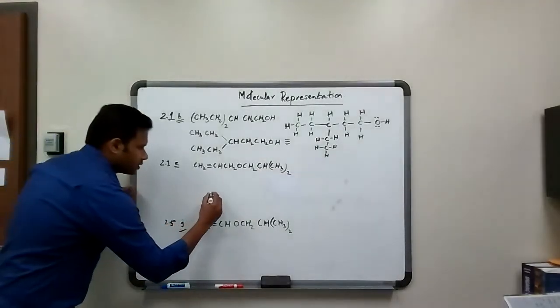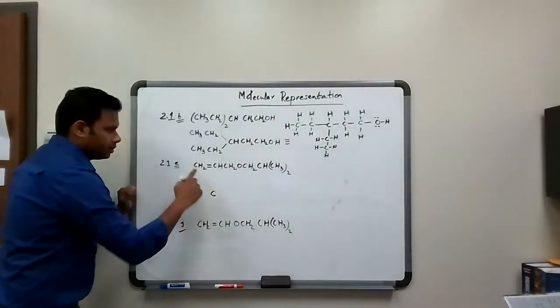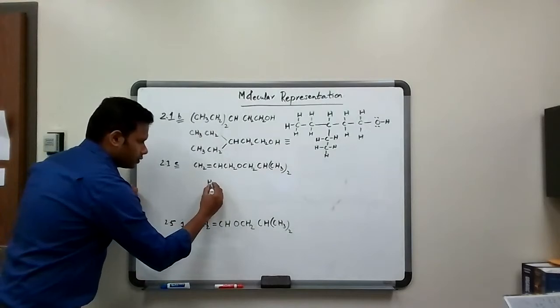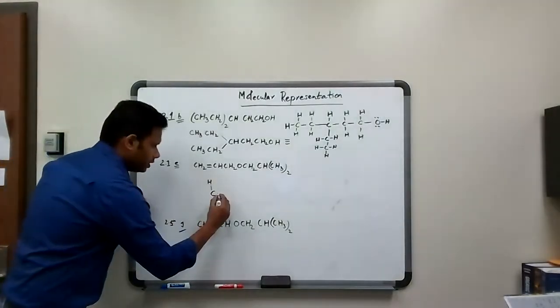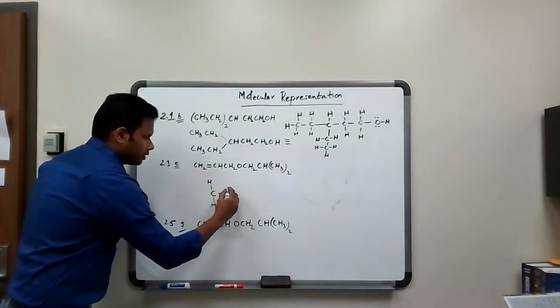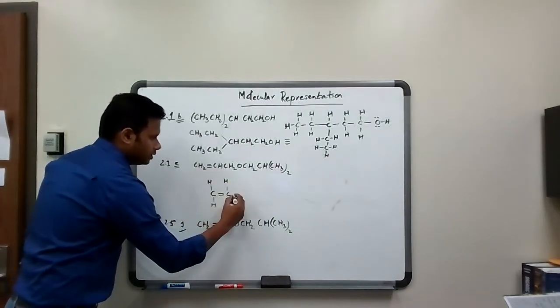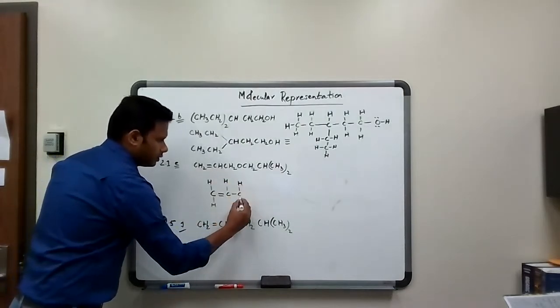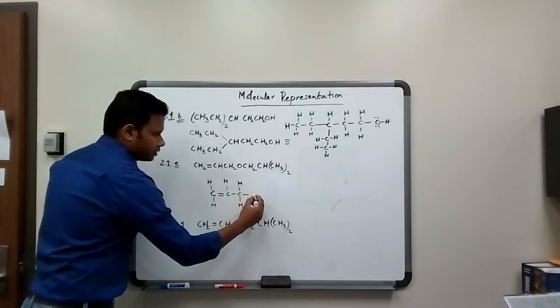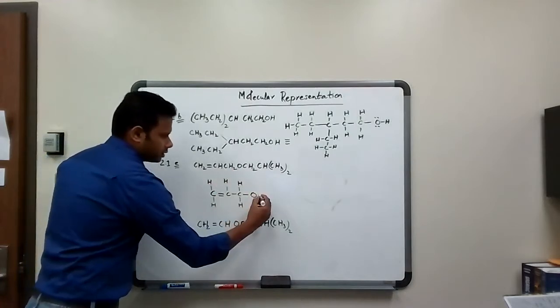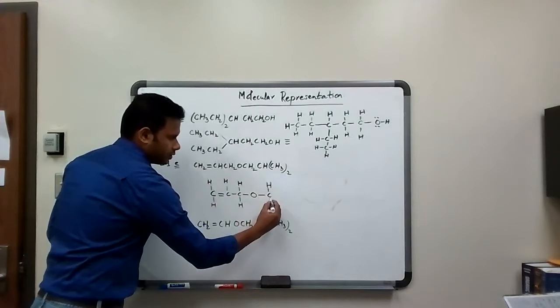Okay, so let's start writing it out. So I have a carbon with two hydrogens to it, double bonded to another carbon with one hydrogen. Then we have CH2 connected to an oxygen, connected to another CH2.